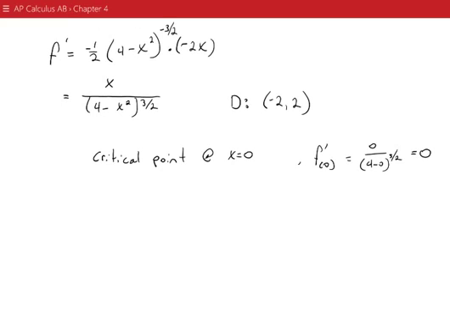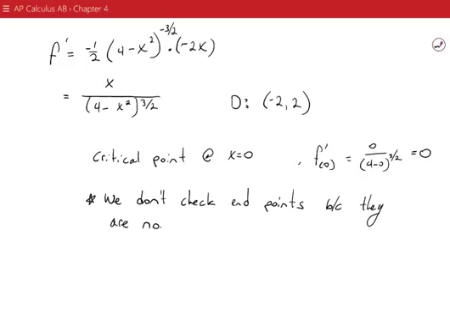In this case, we do not check our endpoints, because they're non-inclusive. And like we saw in example 1 and 2, we're not going to have any extreme values at the non-inclusive endpoints.